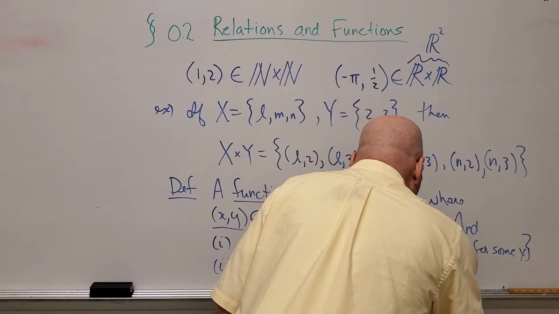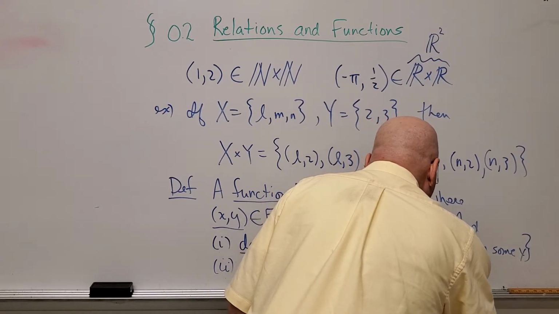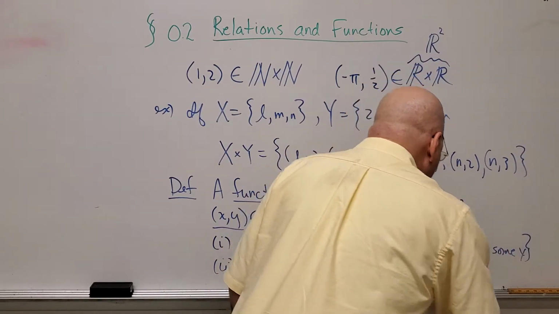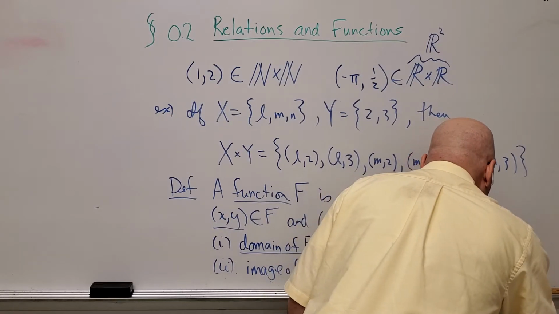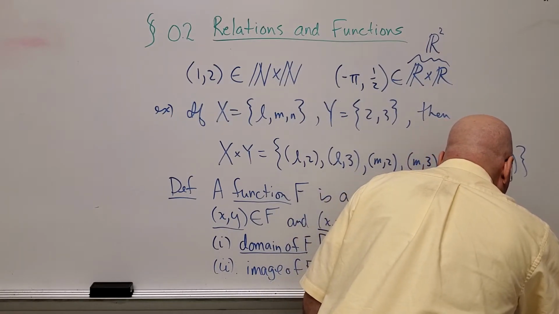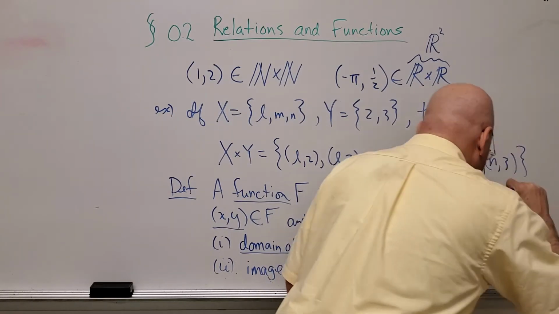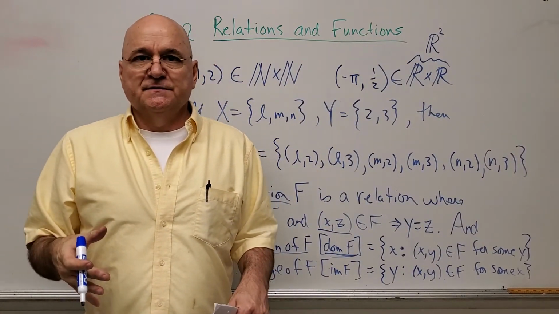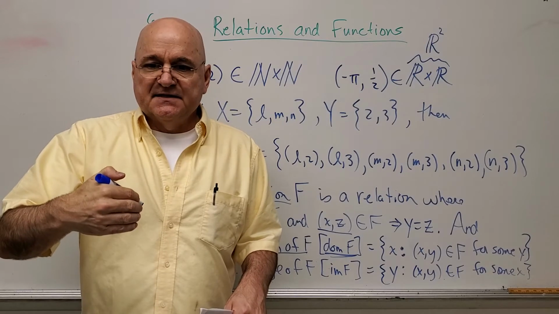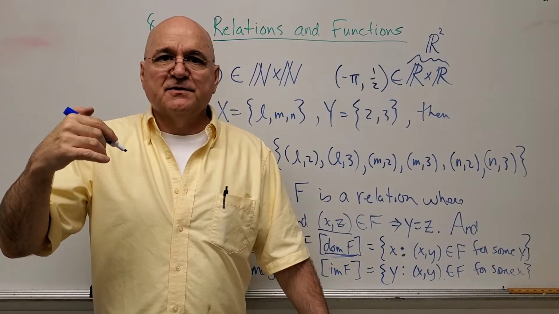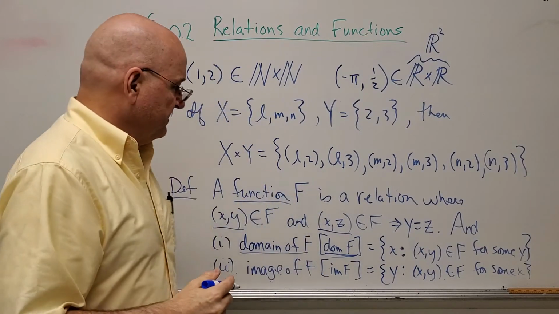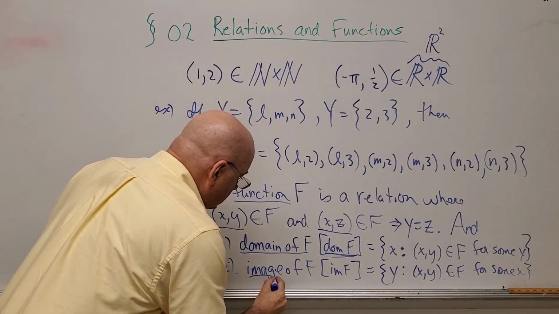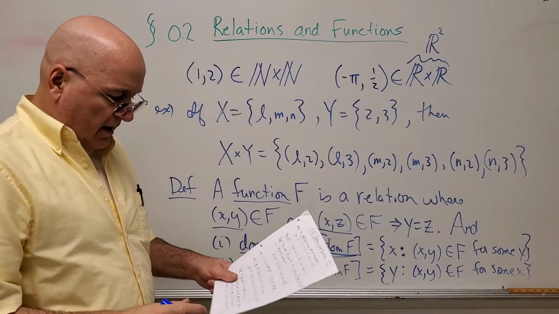It's the set of all y such that (x, y) is in the function f for some x. So if you take the set of all ordered pairs of the function, the second element of all of the ordered pairs, if you put them in a set, that gives you the image of the function f.